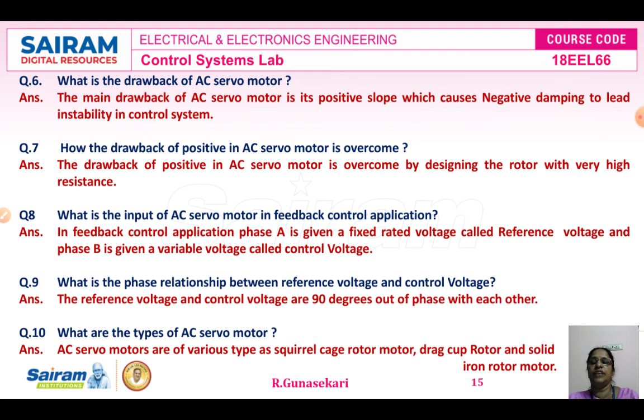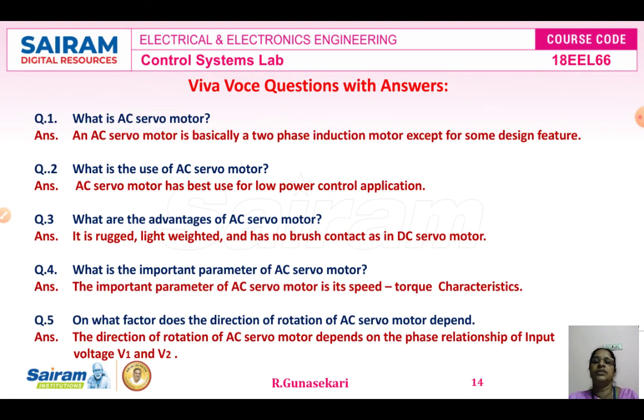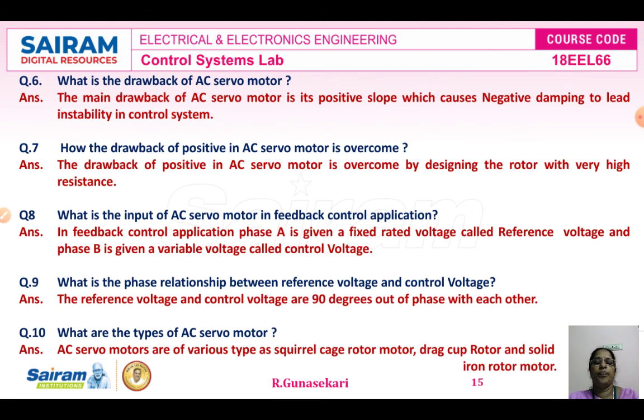What are the types of AC servo motor? What is the relationship between the reference winding and control winding? There is a reference winding voltage and a control winding voltage. These are some sample viva voce questions which are very useful for you. I give 10 sample questions with answers, first 5 questions and then the next 5 questions.